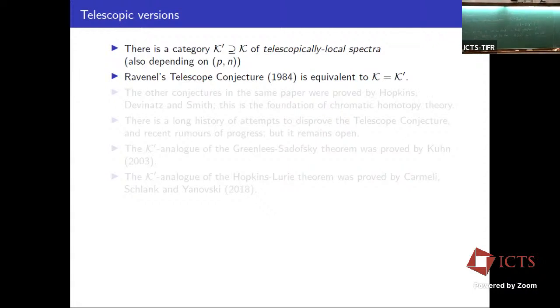And so the theorem says that you can find a finite spectrum where the BP theory is of this general form.